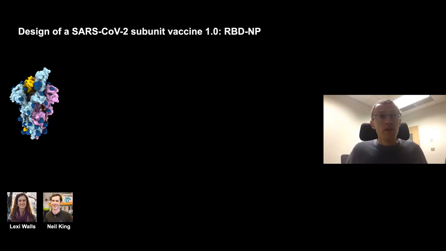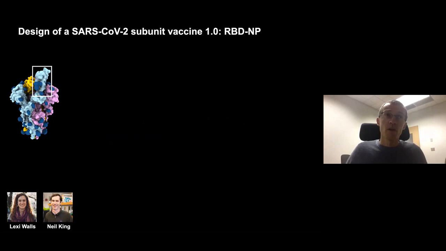So based on our work, we thought that it might make sense to try to focus antibody responses on the RBD, which is clearly the main target of neutralizing antibodies in the plasma and memory B cells of infected and vaccinated individuals. The problem is that the RBD is just a small domain and it's not very immunogenic.